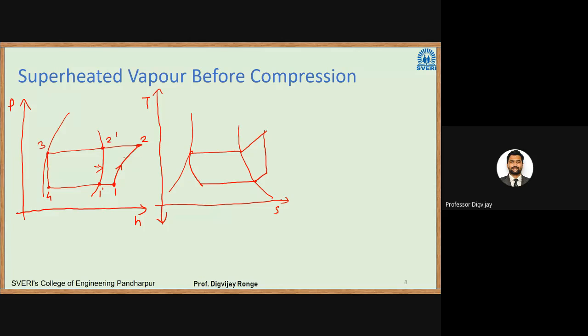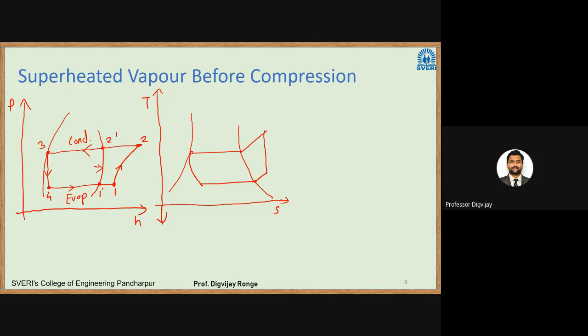Okay. So 1 to 2 again will be isentropic compression. 2 to 3 will be isobaric heat rejection. 3 will be the end of the condenser. 3 to 4 will be constant enthalpy expansion. 4 will be the entry to the evaporator. So this is the evaporator, this is the condenser. 4 to 1 will be the isobaric heat extraction process.